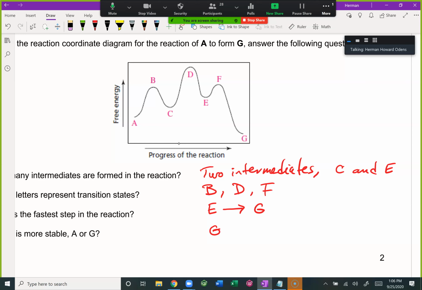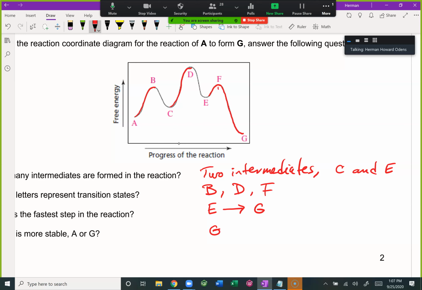E to G, very good. Why is that? It's because the activation energy to go from E to G to attain F is smaller, it's a smaller bump. That's exactly right. So the energy to go from here to here is much shorter than going from here to here or here to here. Now once this passes this point, it just goes down quickly.